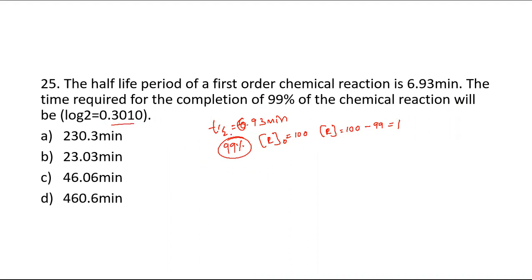Okay, so now let me find out the first order reaction, we write the first equation, that is K is equal to 2.303 divided by T into log R naught divided by R. So this is our formula. So we don't know the value of K and the timing they have given is of half-life period. But this is a first order reaction, only R naught and R we know.